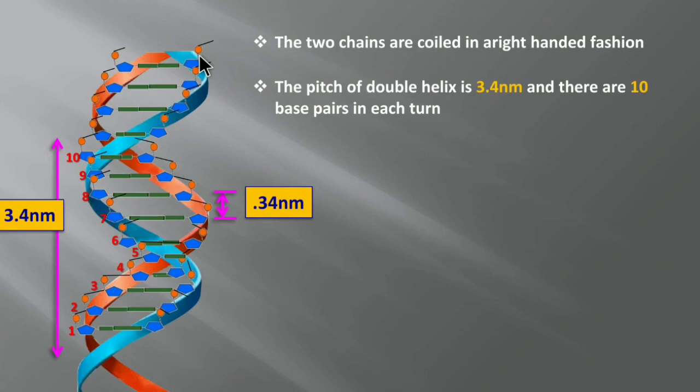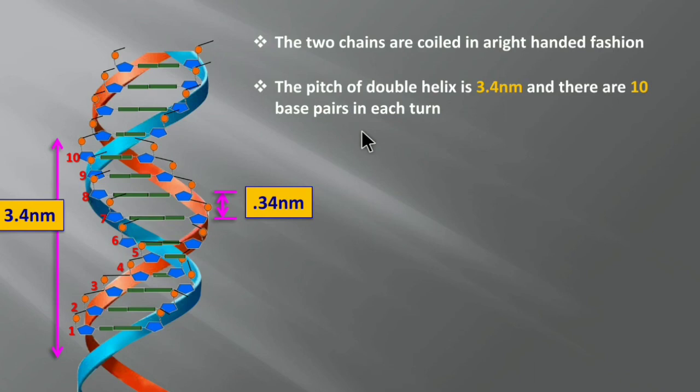The length of one complete turn is 3.4 nanometer, and one complete turn is made up of 10 base pairs. If it is B-DNA, the DNA is coiled in a right-handed fashion, and the pitch of the helix is 3.4 nanometer.